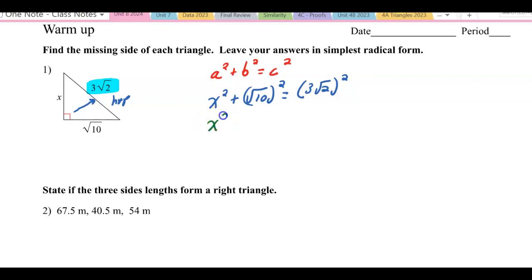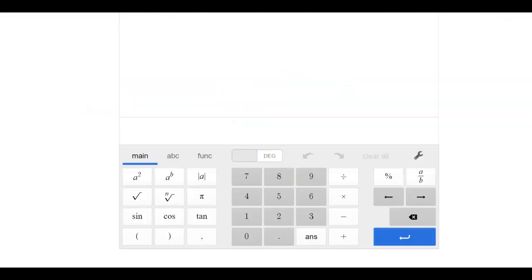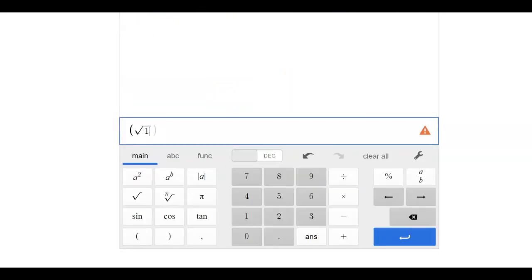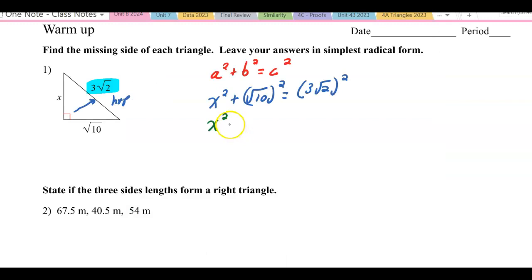So then we get x squared. I'm going to grab my calculator, and if I do the square root of 10 squared, I get 10. And when I do 3 root 2 squared, we get 18. So then you'll get x squared plus 10 is equal to 18.